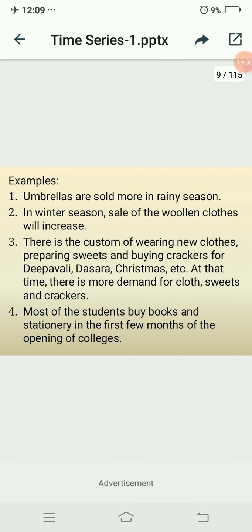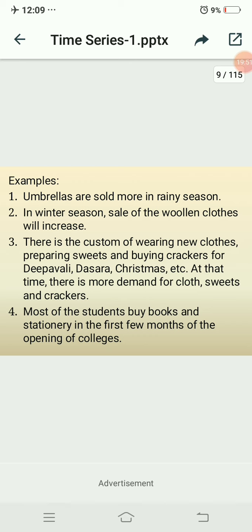Third, there is a custom of wearing new clothes, preparing sweets and buying crackers for Deepavali, Dasara, Christmas, etc. At that time there is more demand for clothes, sweets and crackers. I have already explained that example.